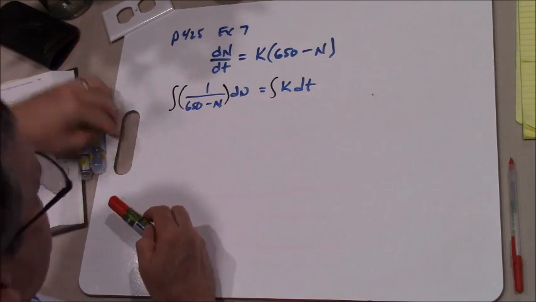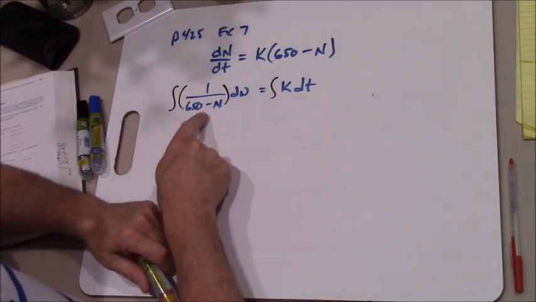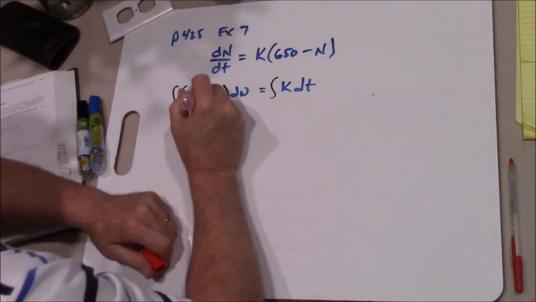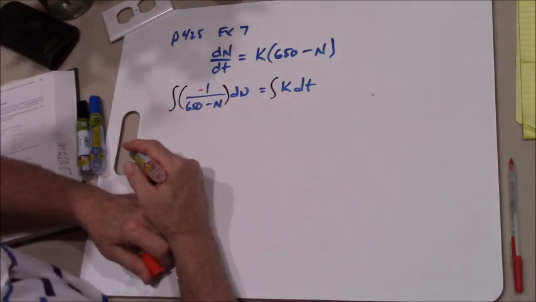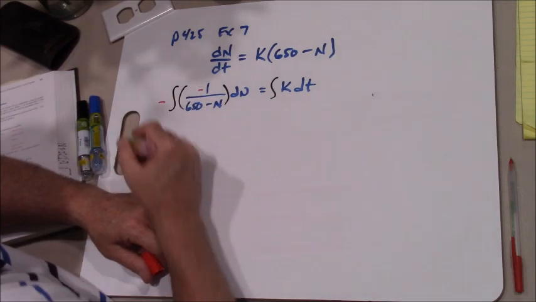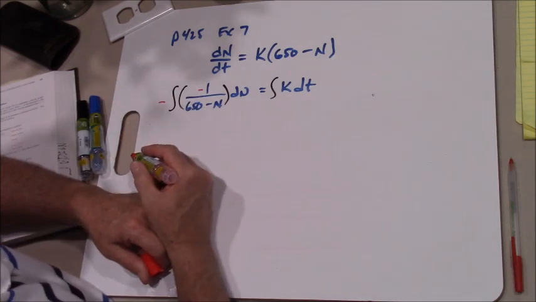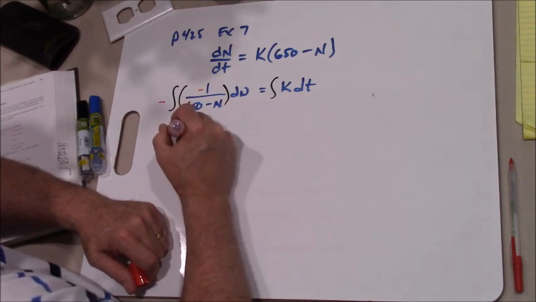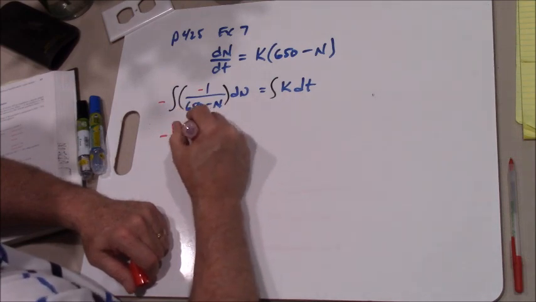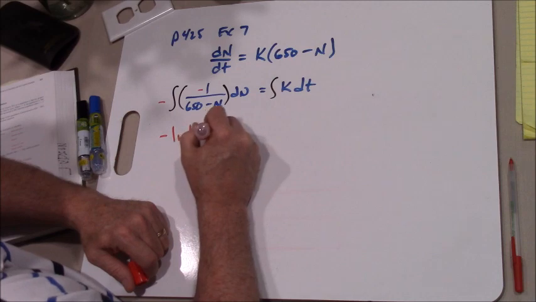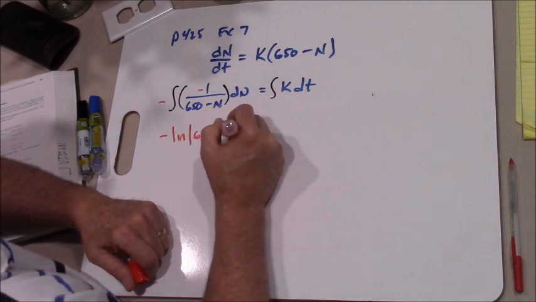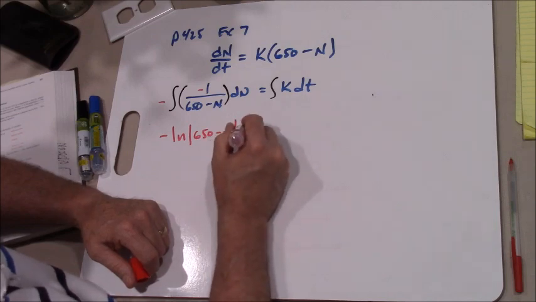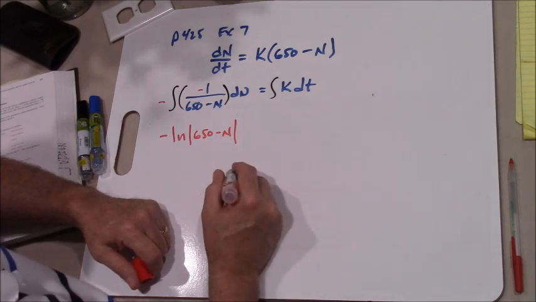To get a u prime over u, the derivative of this is going to be -1. So I need to put a negative sign there and then a negative out in front. And so now what I have is a negative natural log absolute value of 650 minus n plus c, but again I'm going to add that over here.